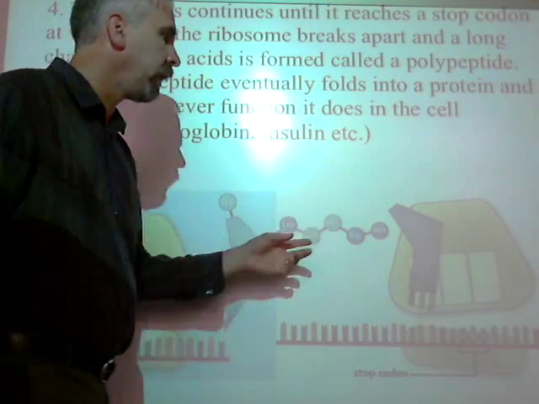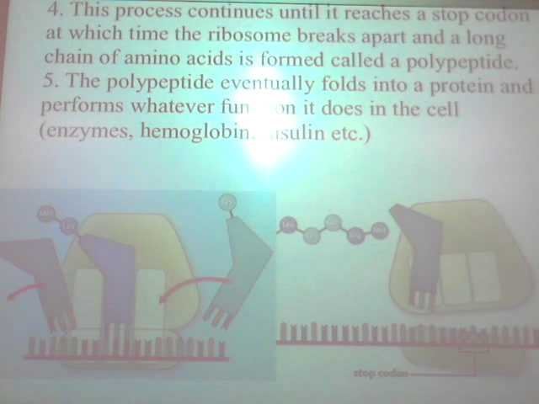Notice this, we have a long chain now of polypeptides, much longer than just 4 or 5 like I showed you there, but you get the idea.